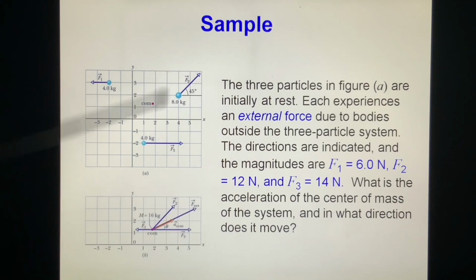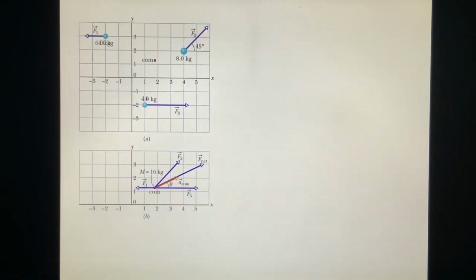These are three forces acting on three different particles, but we can treat them as all acting on the center of mass, so we put them together. How do we put them together? We divide each force into an x component and a y component.